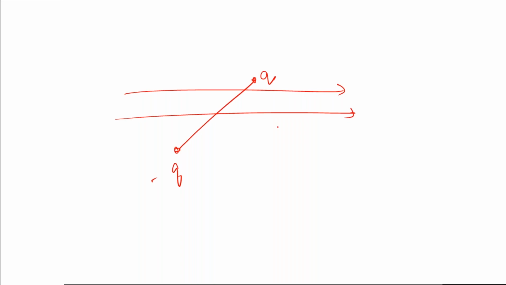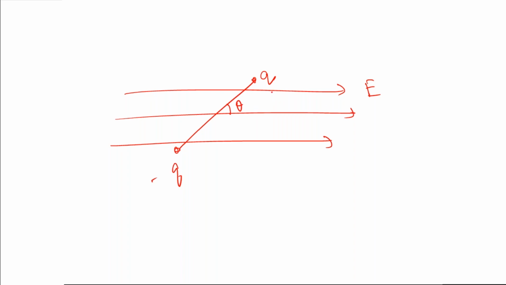So if I have a positive charge over here and a negative charge over here, as you see in your book, the electric field is like this. Uniform electric field, equidistant parallel lines denote your uniform electric field. And suppose the angle between the dipole and the direction of the electric field is theta.